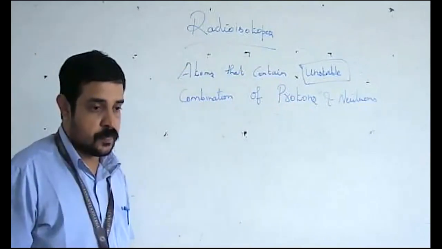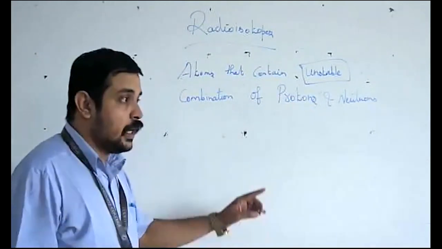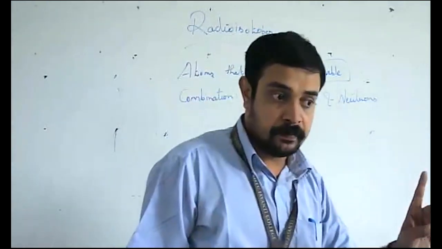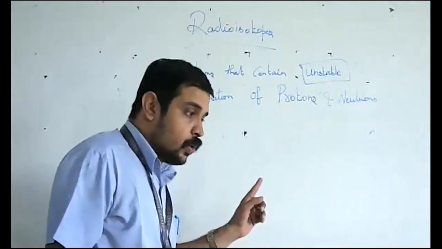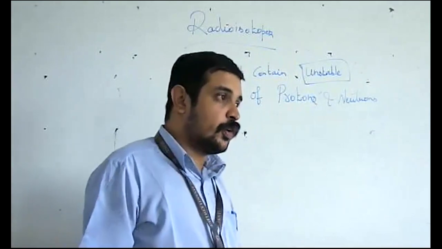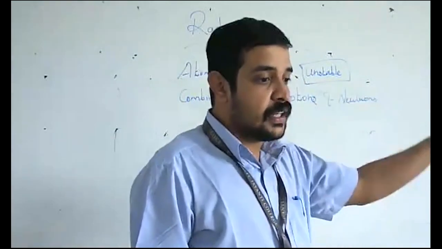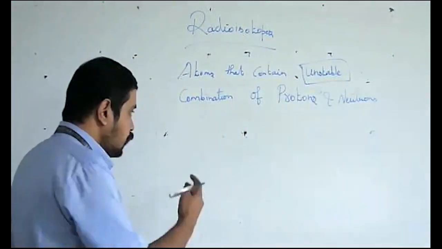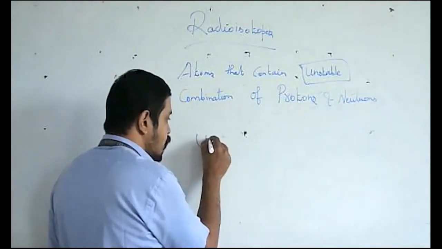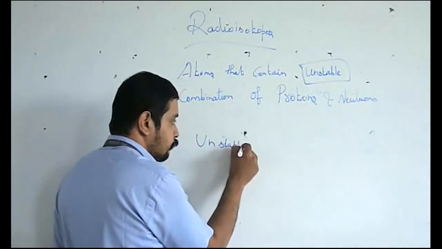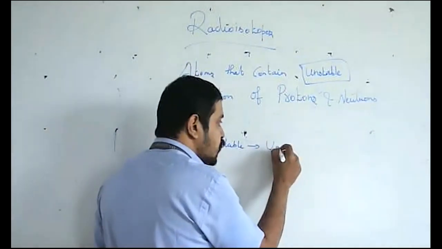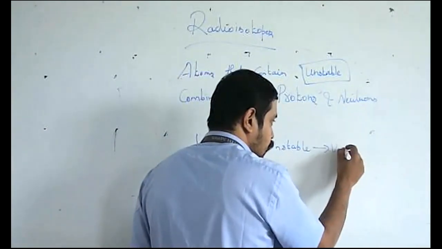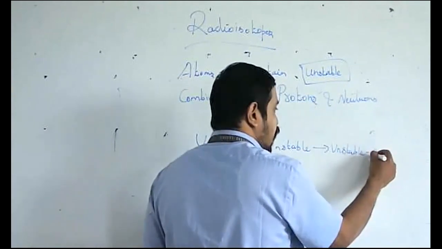And as I told you, very importantly, the protons or the neutrons are not released one time. That is also very important. She loses her books even on the first floor, the second floor, and the third floor as well. So it doesn't mean it happens only one time. A process which happens is unstable, again unstable, again unstable, and finally stable.